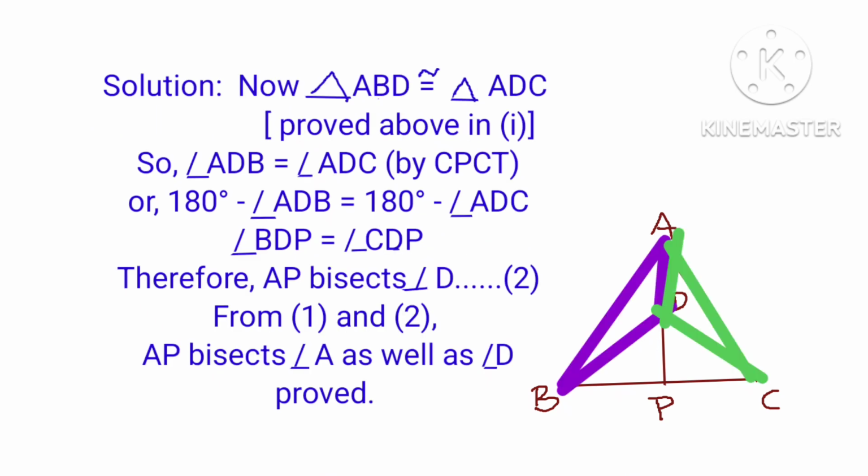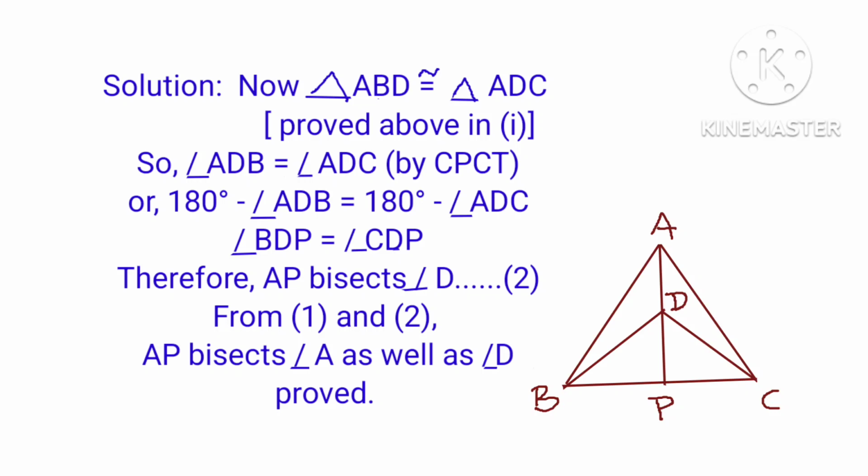Now triangle ABD and triangle ADC are congruent from the first part of question number 1. I have proved, so proved above in 1.